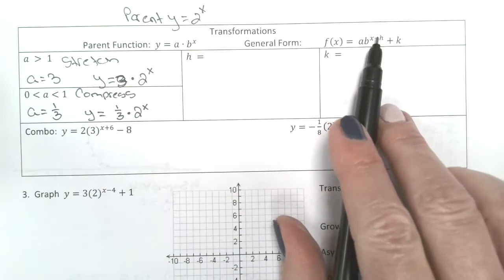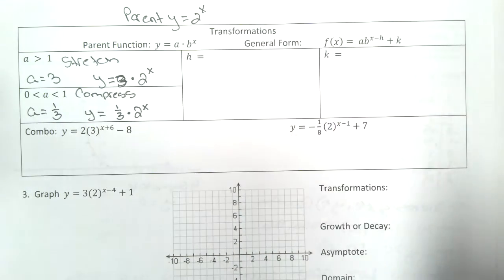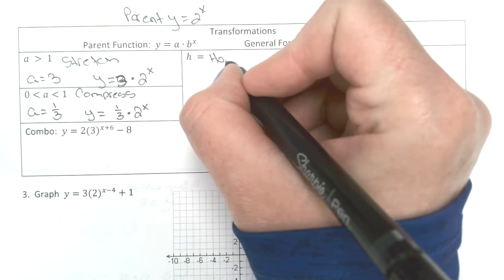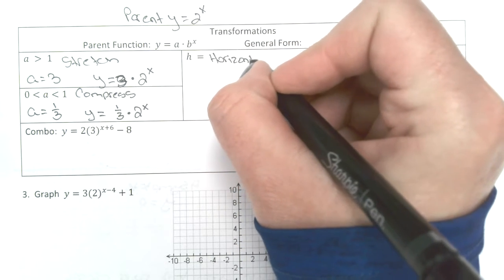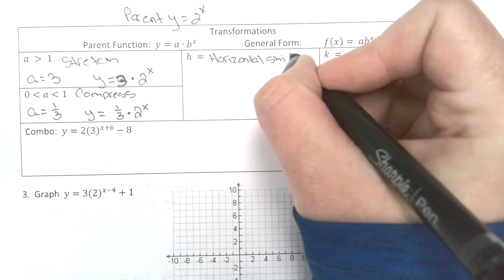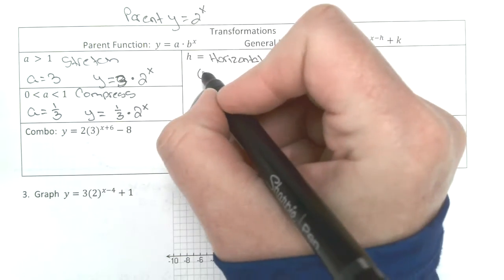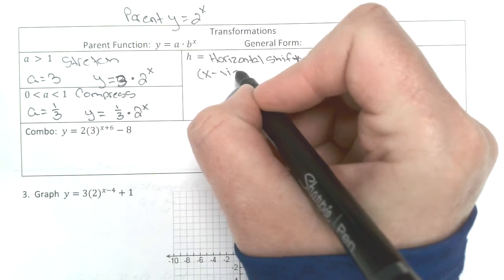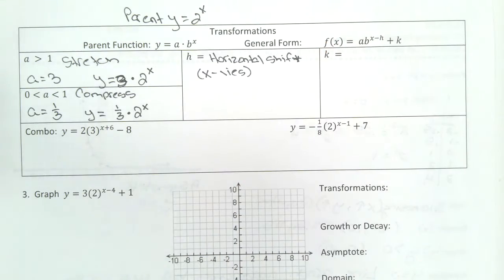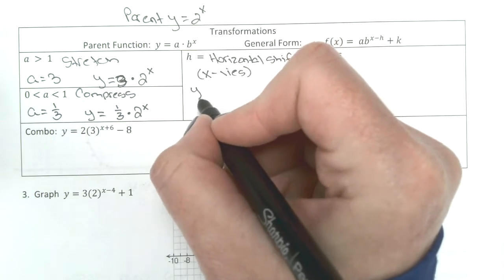Your h, so now we're talking up here in the exponent, that will give you your horizontal shift. And remember, your x always lies to you.